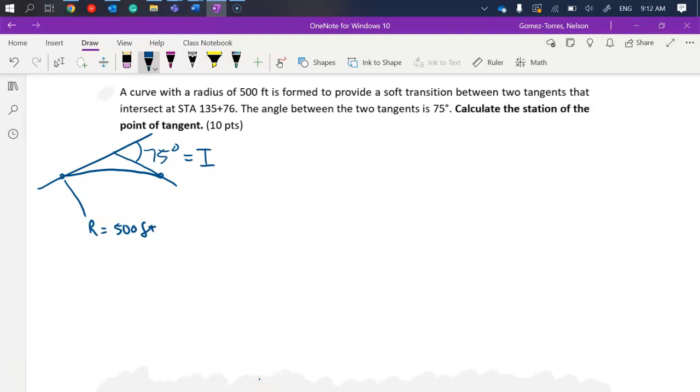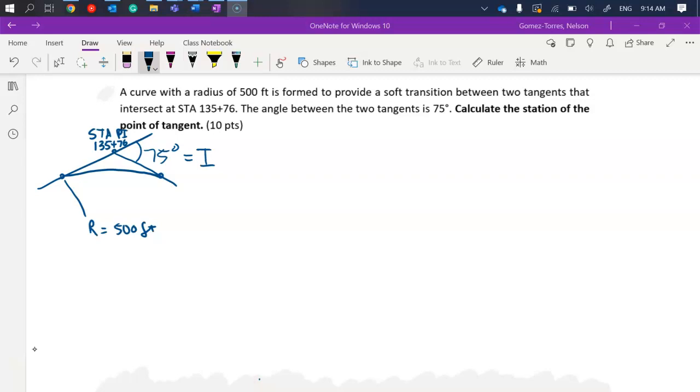The last piece of information given to us is the station where both tangents intersect. So we know the name for this location. That will be the station of PI, and that will be 135 plus 76. So we put it right there on the drawing.